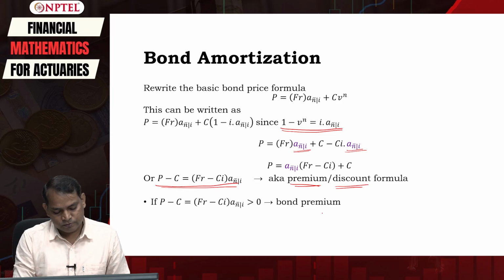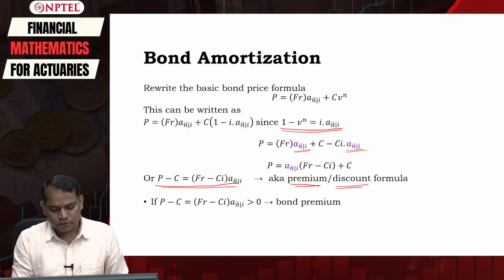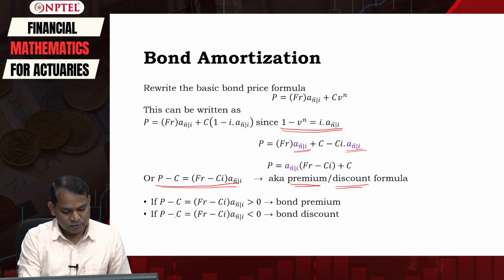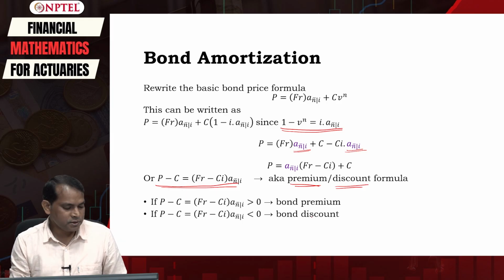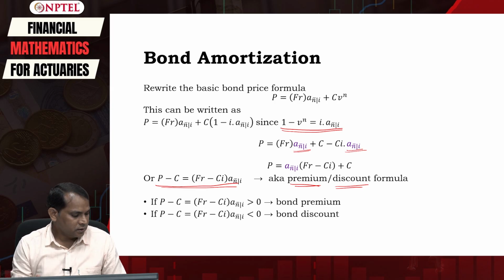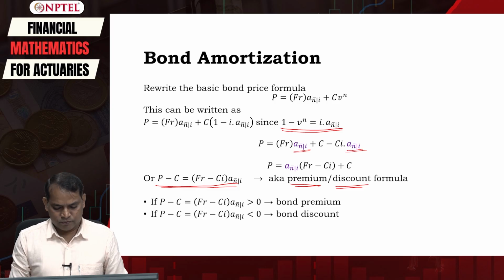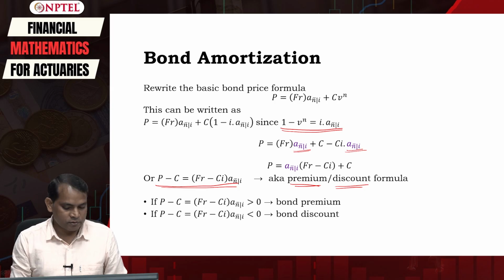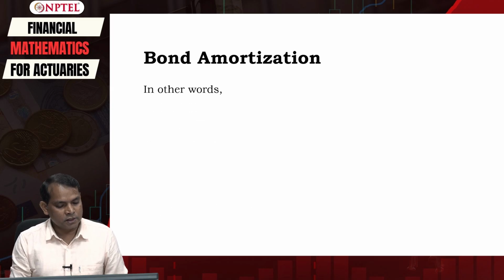If the value is negative, P - C less than 0, the bond is a discount bond. So if positive, it represents the bond premium; if negative, it represents the bond discount.